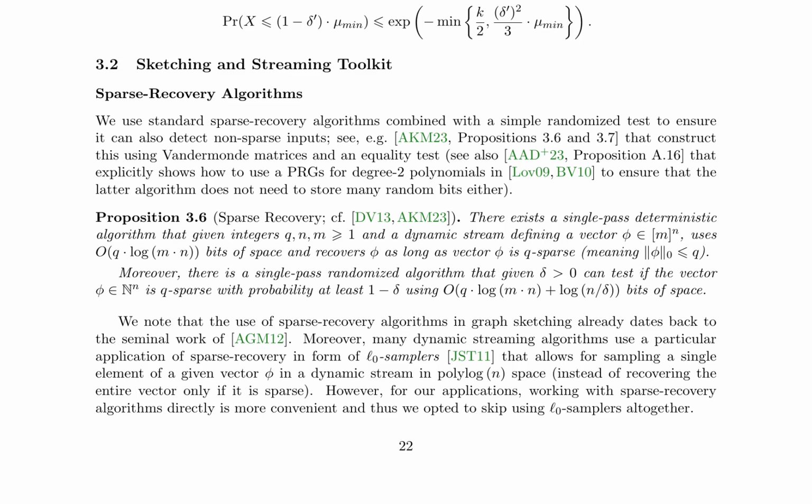Additionally, a single-pass randomized algorithm can test if the vector φ ∈ [m]^n is q-sparse with probability at least 1-δ using O(q log mn + log(n/δ)) bits of space. The use of sparse recovery algorithms in graph sketching dates back to the work of AGM12. While many dynamic streaming algorithms use L0 samplers, we opt to work with sparse recovery algorithms directly for our applications.